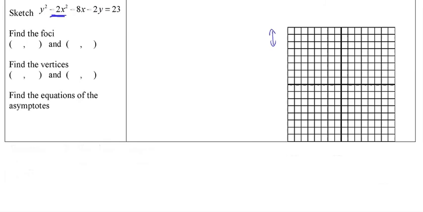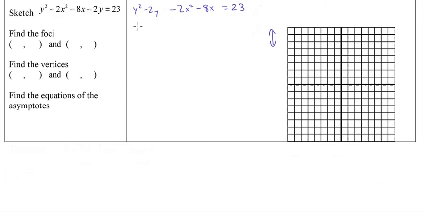All right, so using that as a little framework for us, we know it's going to look something like opening up, opening down. Let's go ahead and work our way through. We're going to get to use completing the square. So let's group our terms together. We've got y squared minus 2y, and then minus x squared minus 8x is equal to 23.